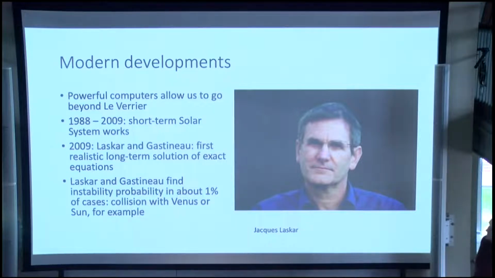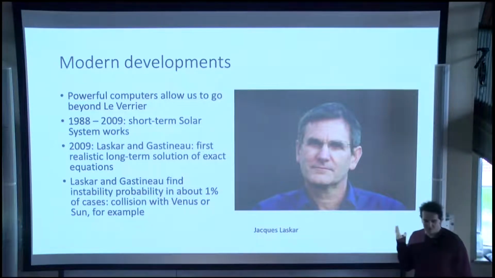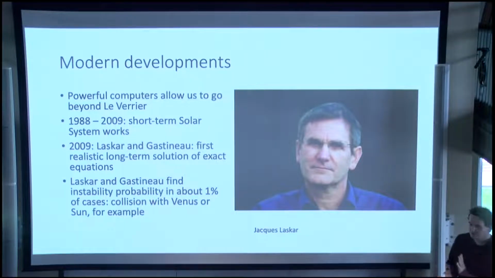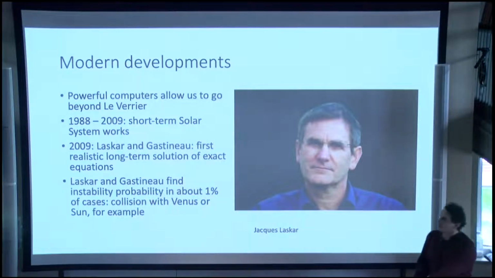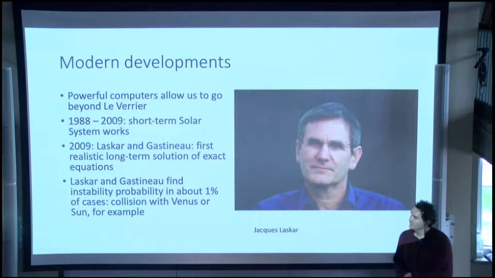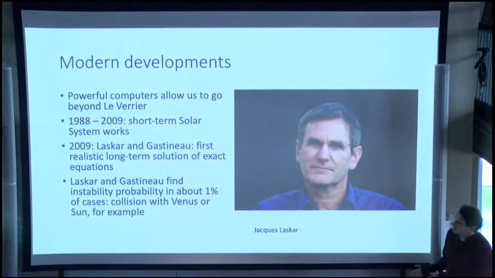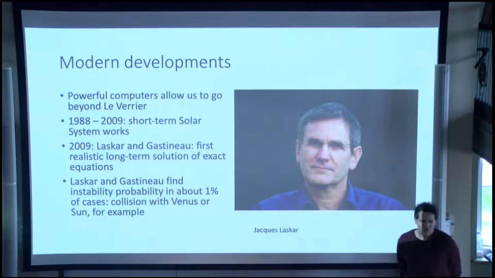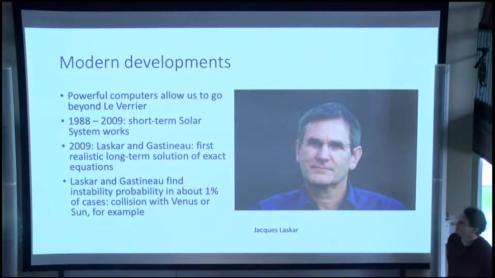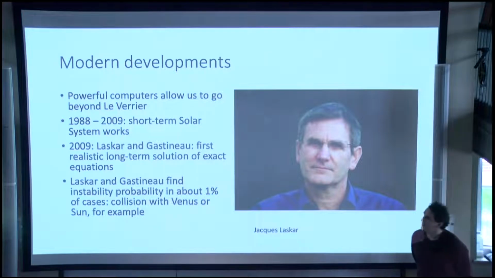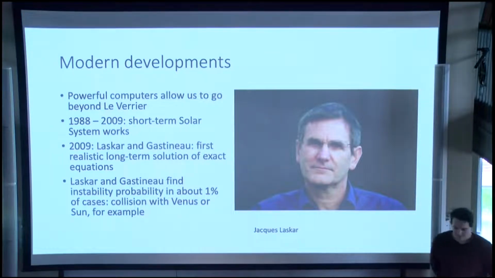In 2009, we have the first realistic long-term solution of the solar system to address this issue of the stability of the solar system. It's done by Laskar and Gastineau. They include a lot of interesting physics, so the Newtonian equations, of course, but also GR for Mercury, which helps to stabilize it, and also some effects of tides and the moon and massive asteroids.